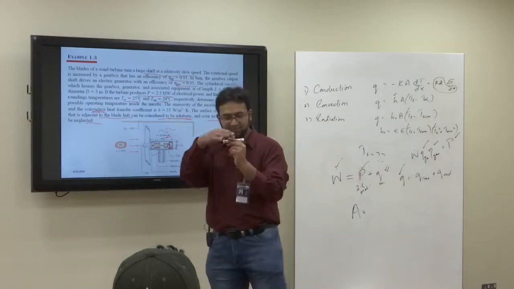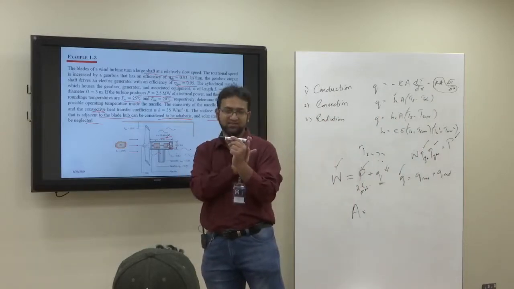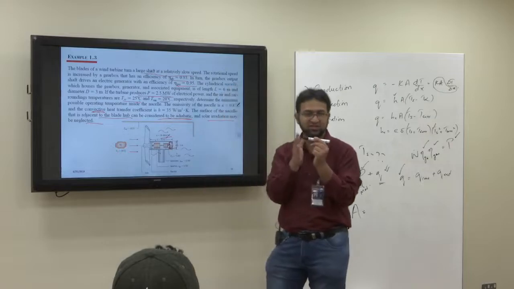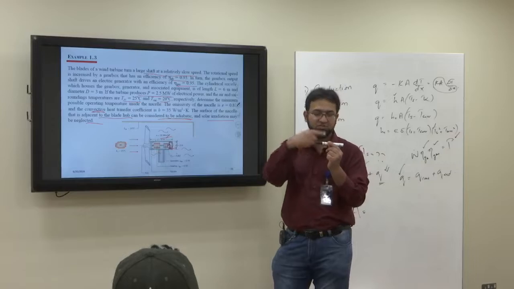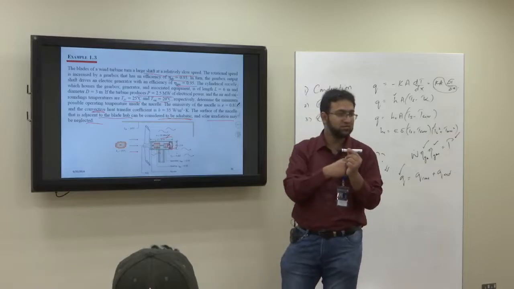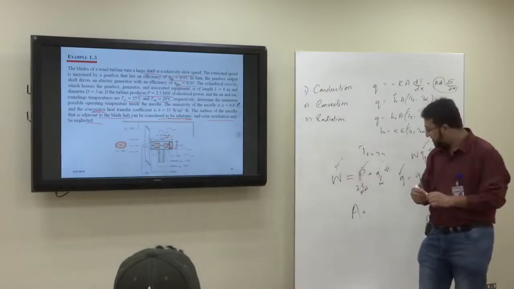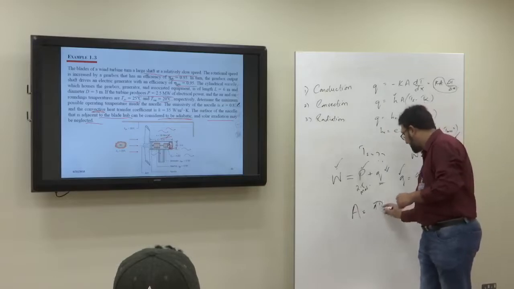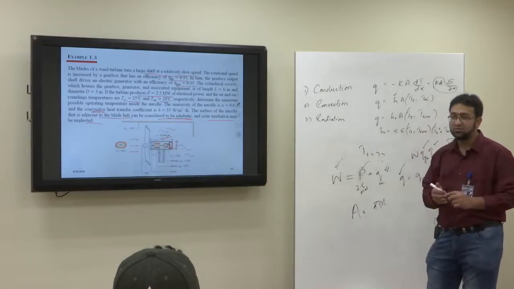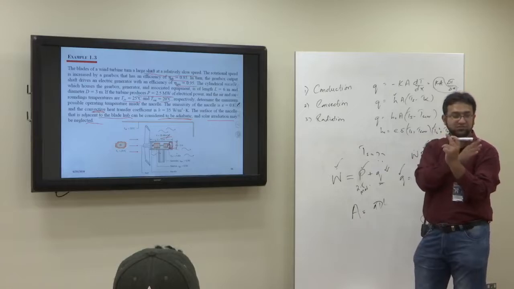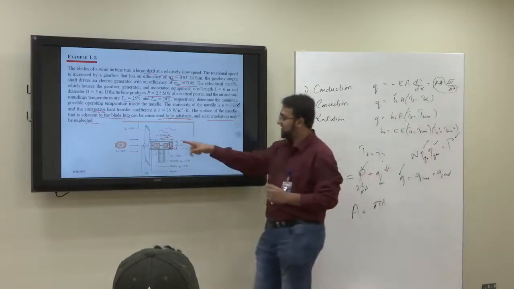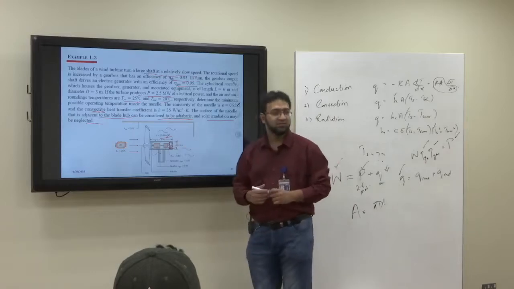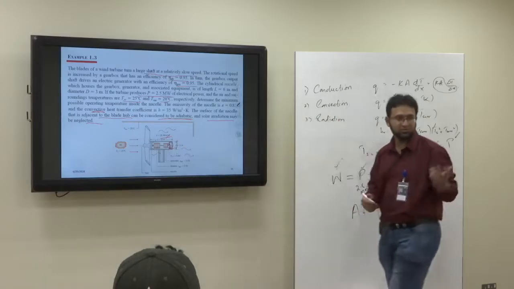Yes, the surface and one side of the cylinder. The other side is the hub. The hub is adiabatic. Okay, what about the surface? What's the formula for the surface area of the nacelle? Pi dl, good. But that's not all, because you have the surface plus one side. So what will be this side area? Pi over 4 d square, good.